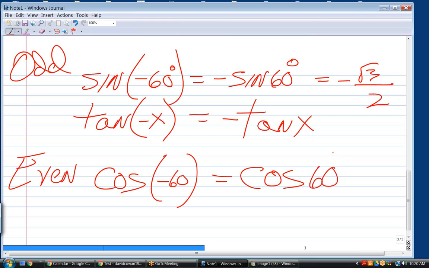That makes sense when you realize that cosine is positive in the first and the fourth quadrants. So whatever the cosine of 60 is, that's our answer: 1/2. This odd-even property is very valuable for dealing with negative angles.